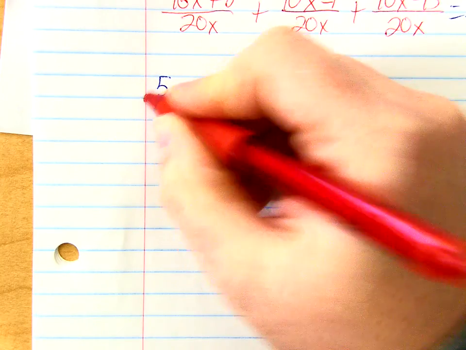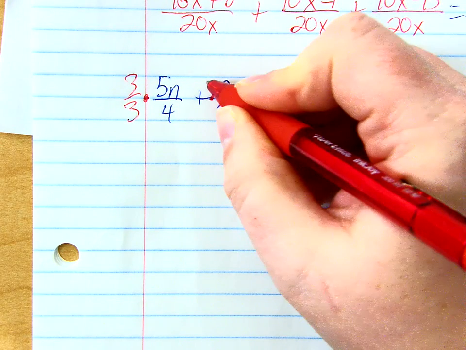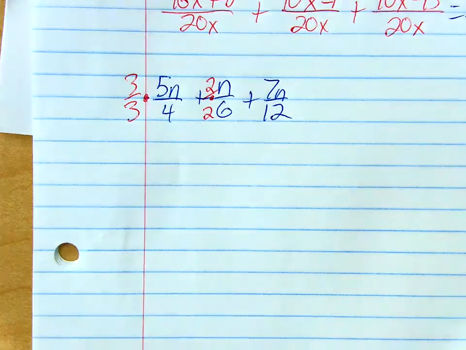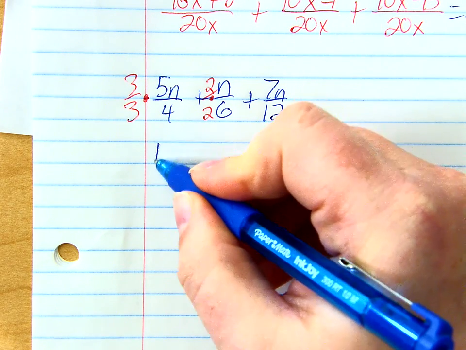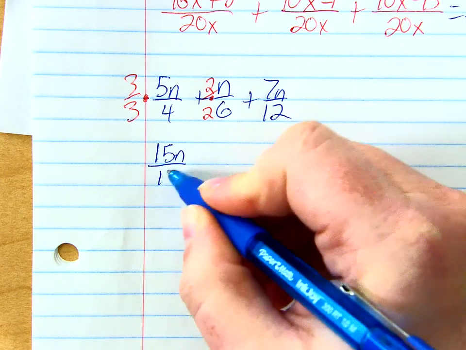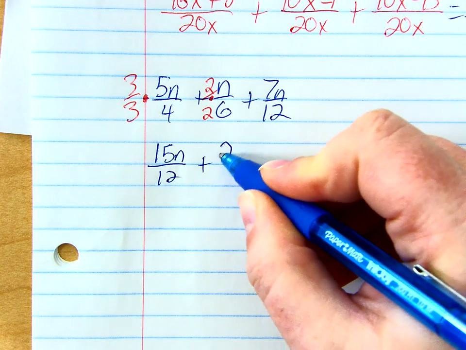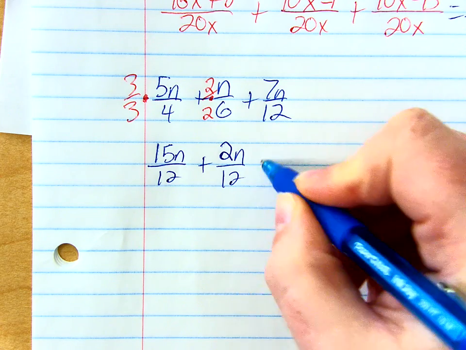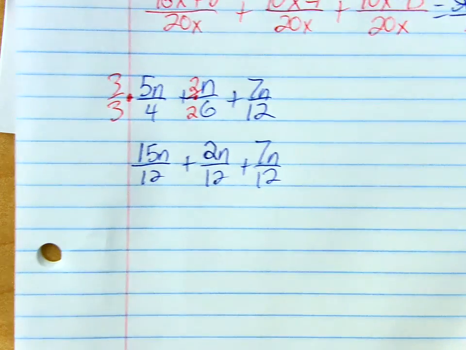So I'll multiply this one by 3 over 3. This one I'll squeeze in a 2 over 2, and that one's already all set. So now what's my first fraction? 15n over 12 plus 2n over 12, yep. And that one's already set, 7n over 12.